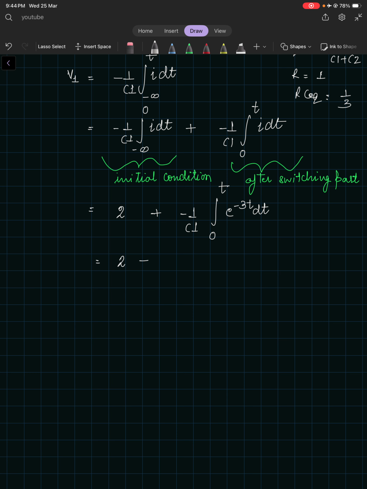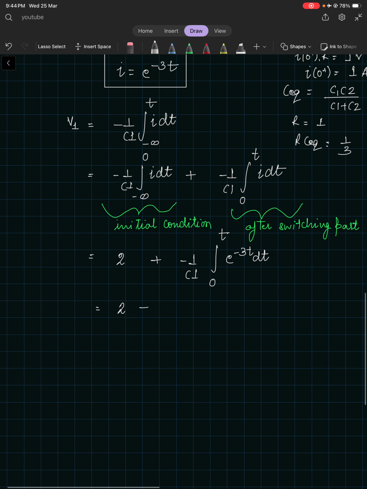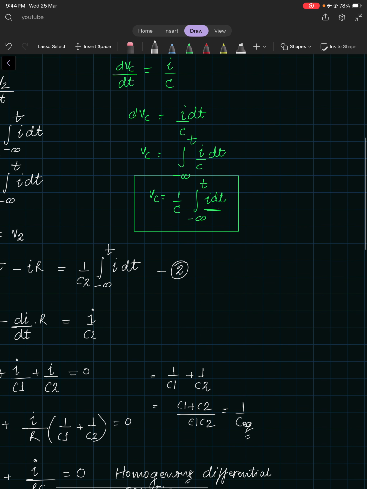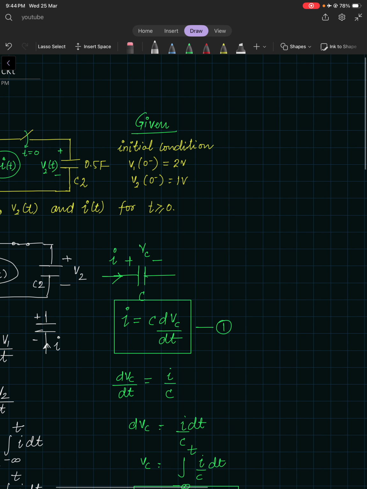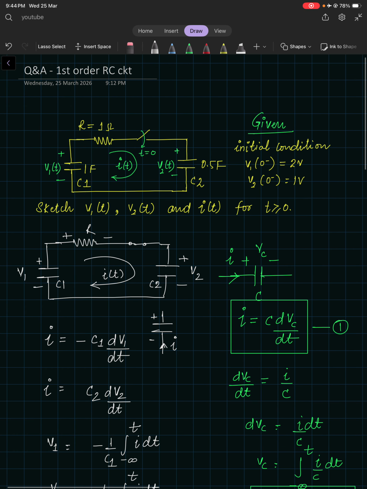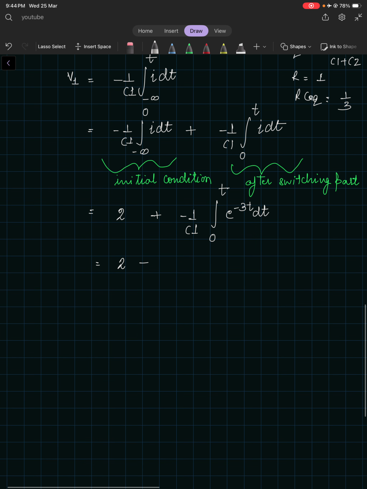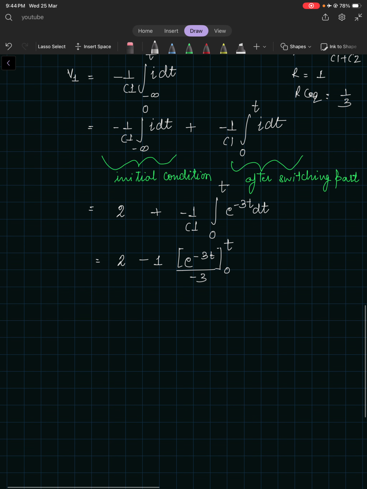2 minus, what was the value of c1? c1 is 1, so it will become 1, right? And if you solve the integration, e to the power minus 3t upon minus 3, from 0 to t.